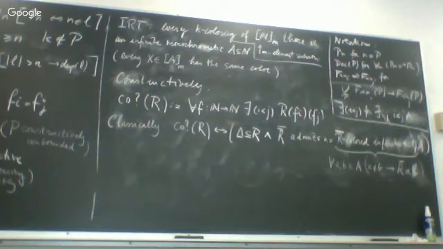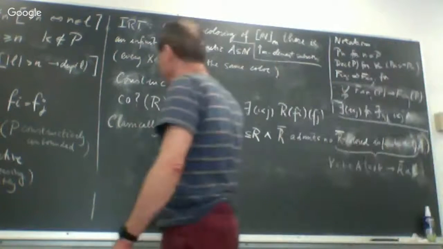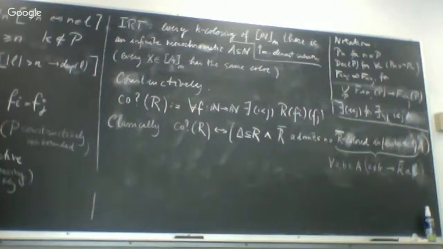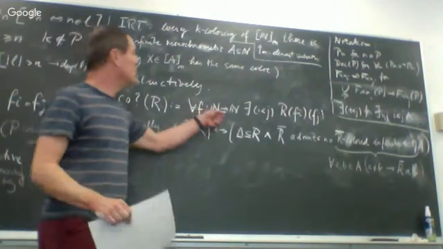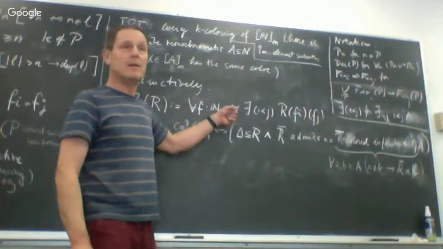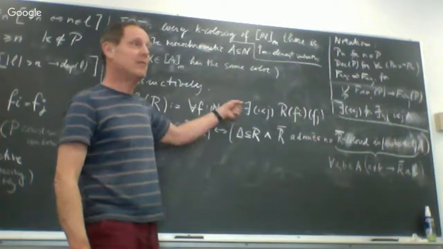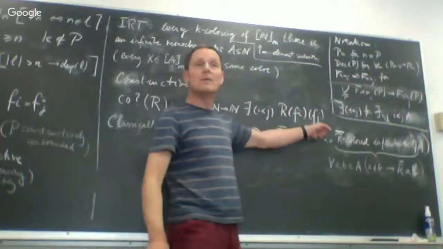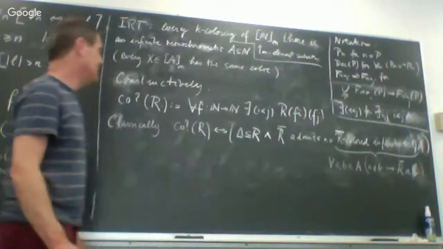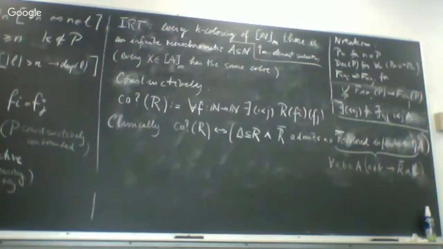You cannot have such a set, since if you had it, you could classically enumerate it. You would classically get it as the image of a function f, and then it would violate this.